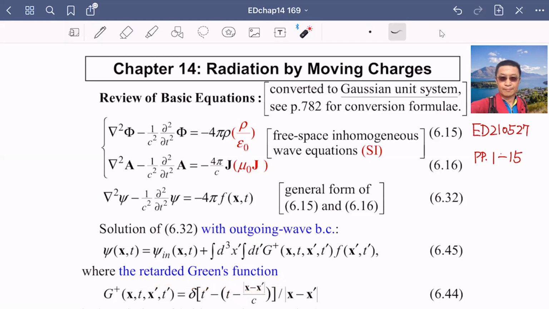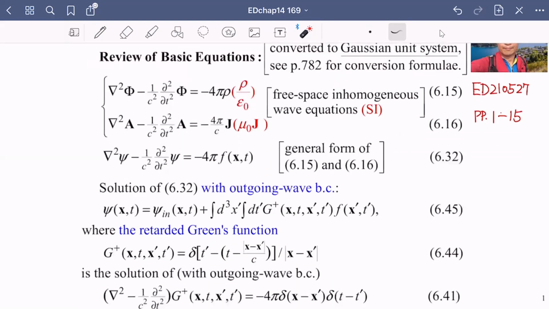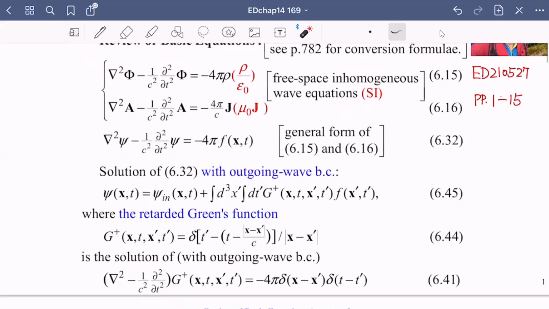With the outgoing, the solution of this green function is shown here. Okay, sorry, it's not clear. I should be careful. This is the green function. And this is the retarded green function, the solution. Just like the old one, but except we have a delta function here.